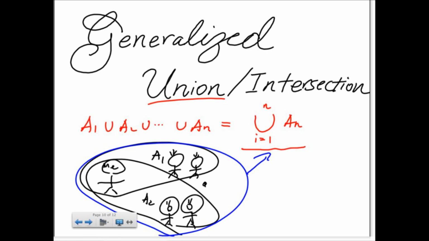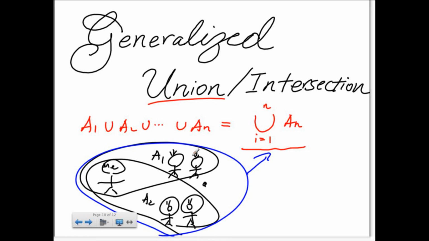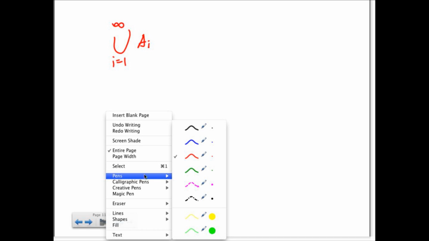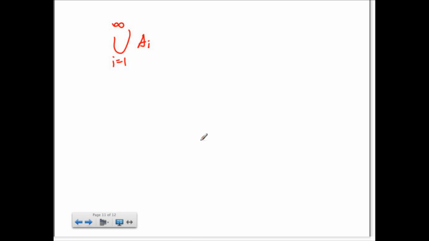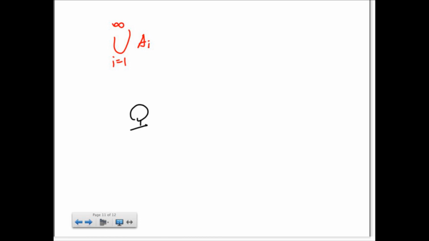Now, what can this thing do? Basically, with this notation, we could go from i equals 1 to infinity of Ai. So what does this mean? Let's take myself as an example again. This is me.